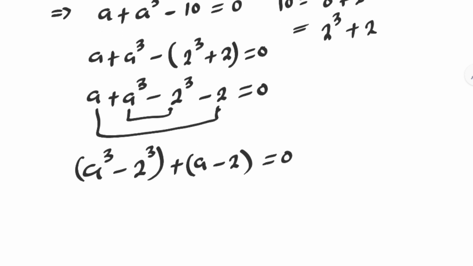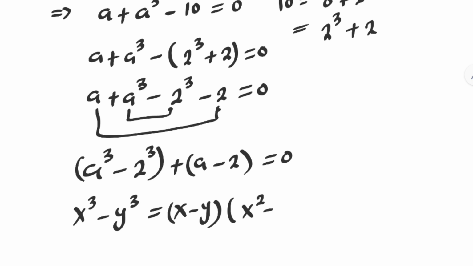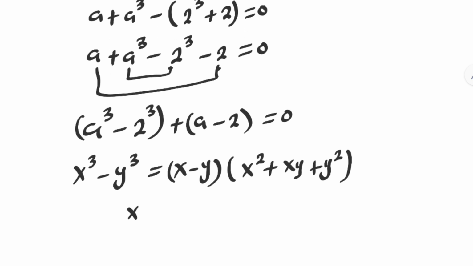Now take note of this, that if you have x raised to power 3 minus y raised to power 3, this is equal to x minus y bracket x square plus xy plus y square, where x is equal to a and y is equal to 2.